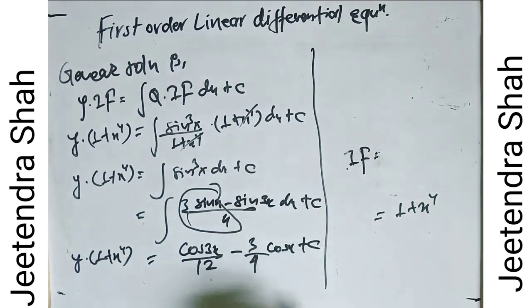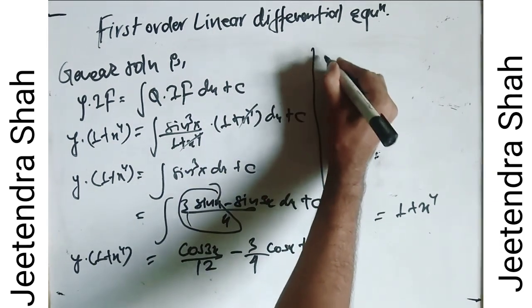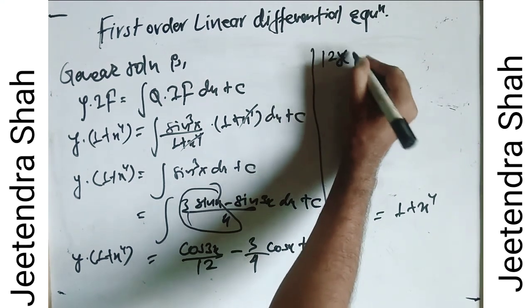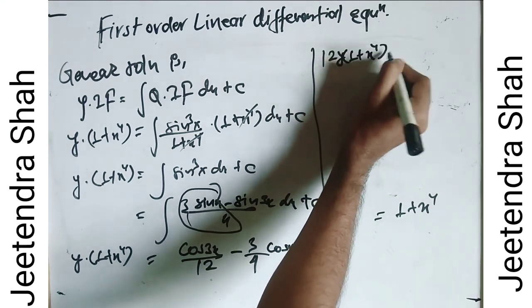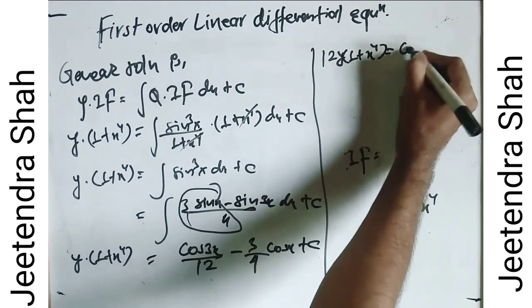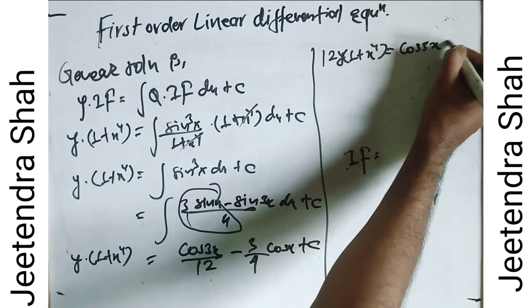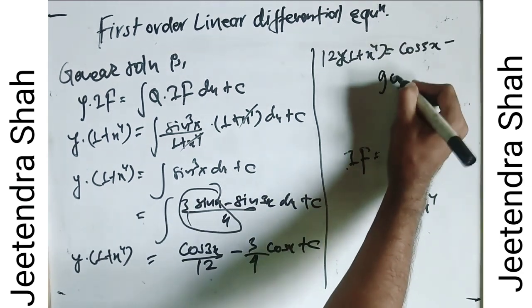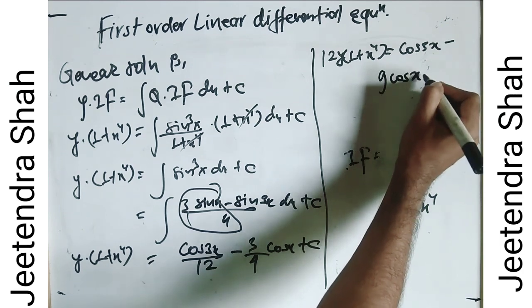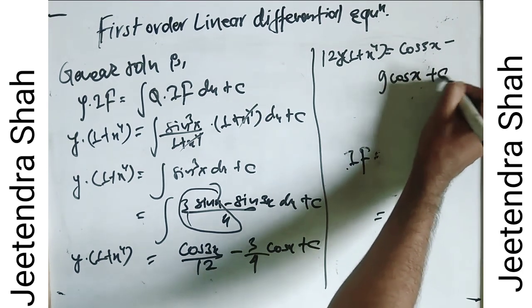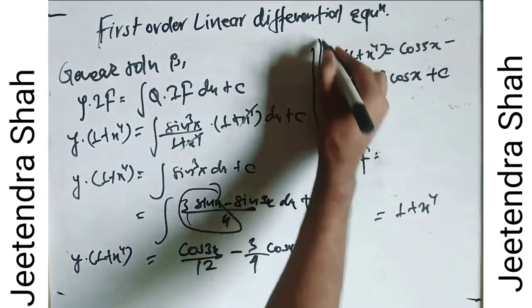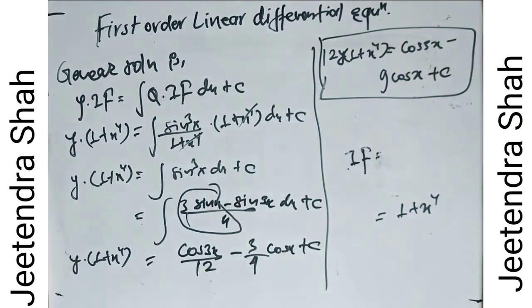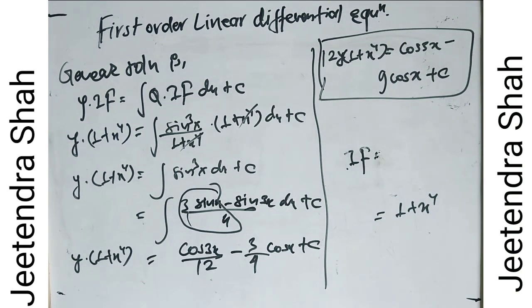So finally we get 12 y (1 + x^4) = cos 3x minus 9 cos x plus c. So this is our required solution. In this way we can solve problems related to first order linear differential equations.